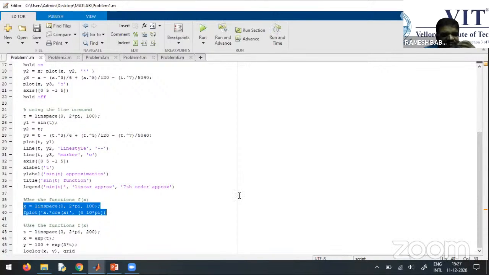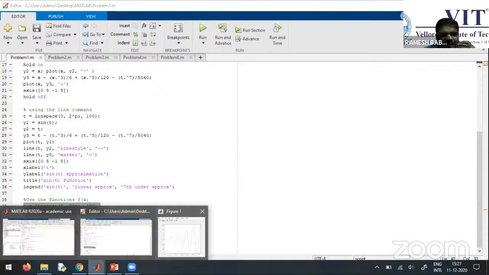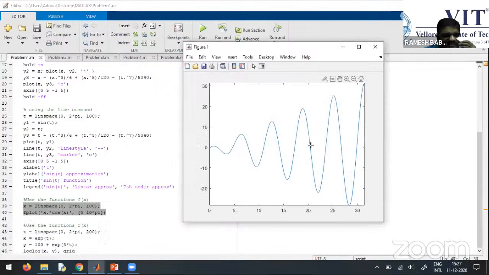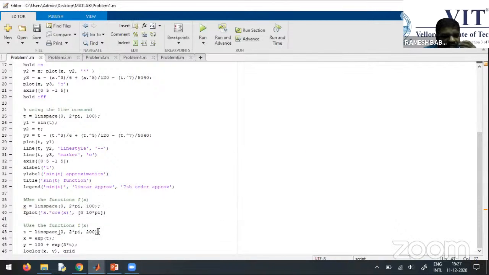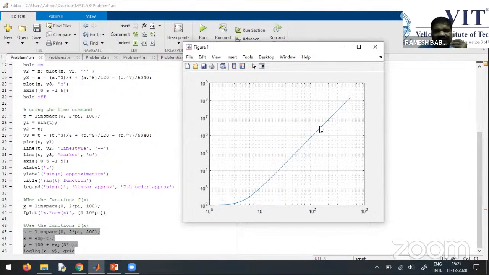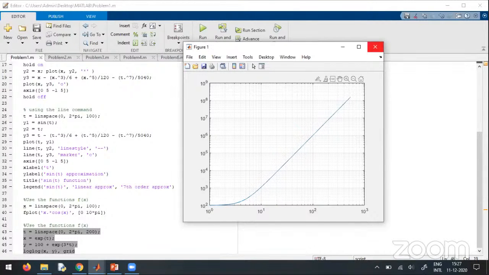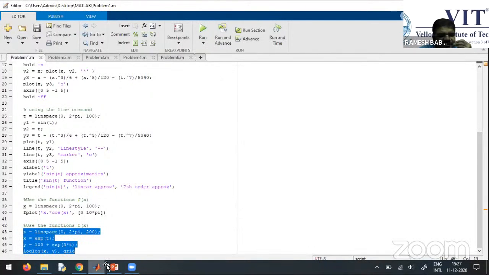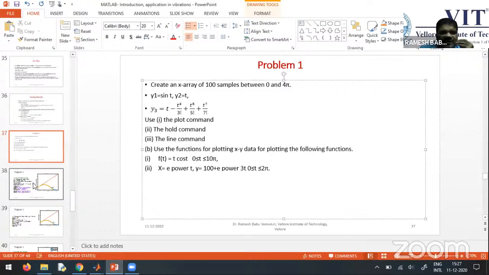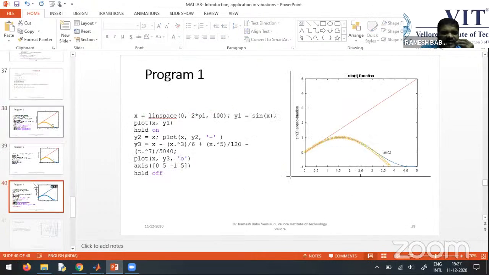This is called a plot. The plot is this one. Then line space, log space also. Log, it is a grid one. There is a grid, it will come as a grid. Then we can plot x comma y. So like this how we can use various way of solving it. This is what program 1. These programs are available. That's what I run now.